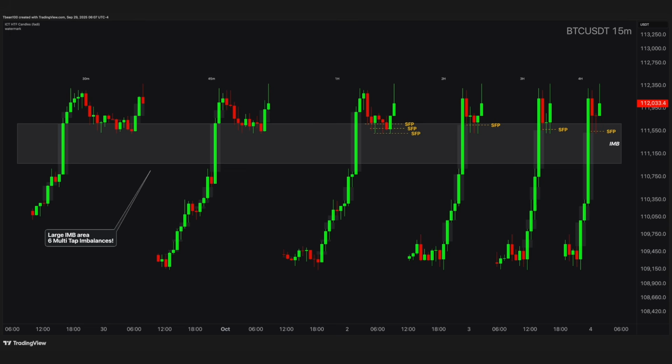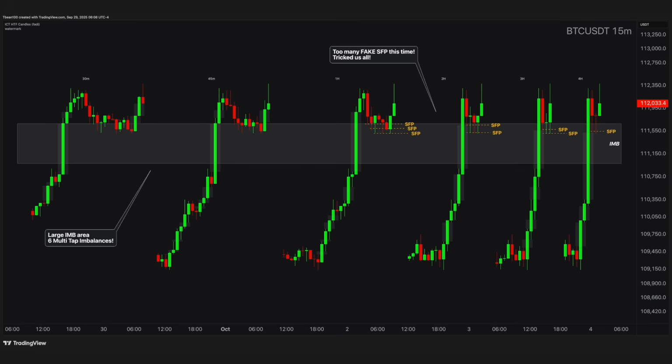But in this case, most of those swing failures ended up being fake outs. If you take a closer look at the area, you will notice multiple swing failures formed again and again and again. And honestly, almost every single one of them faked traders out, including myself.